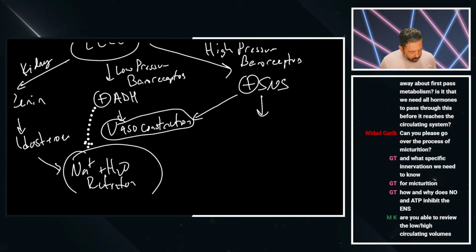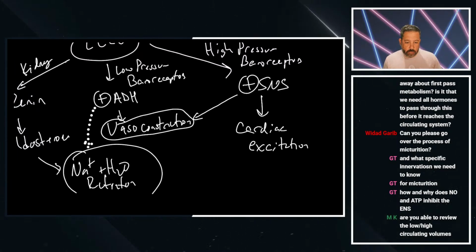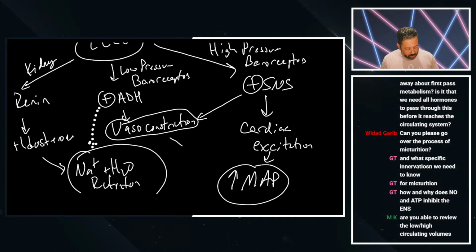It's also going to cause cardiac excitation, with the main goal of increasing or maintaining mean arterial pressure. Vasoconstriction will also help maintain mean arterial pressure. Sodium and water retention is going to help maintain our mean arterial pressure. So these are the main things that happen with regards to low effective circulating volume.